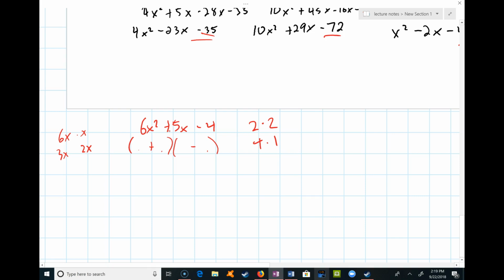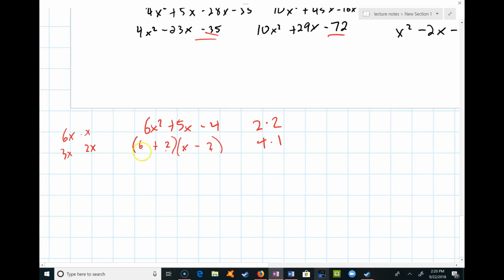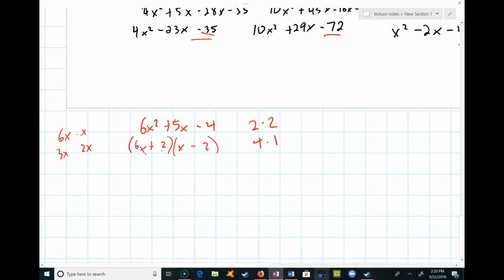If we just take a guess, let's call this 6x and that x, and then try 2 and 2. If I put a 2 there and a 2 there, does it work? That would give me negative 8x, and that would give me positive 2x. Oops.